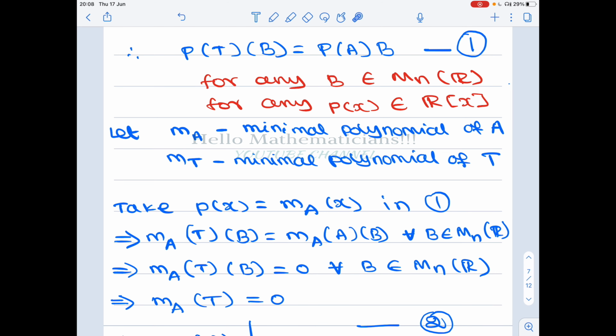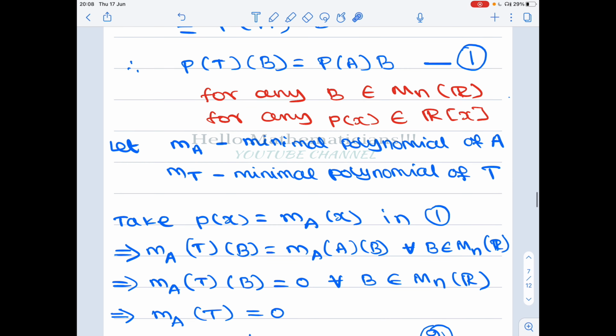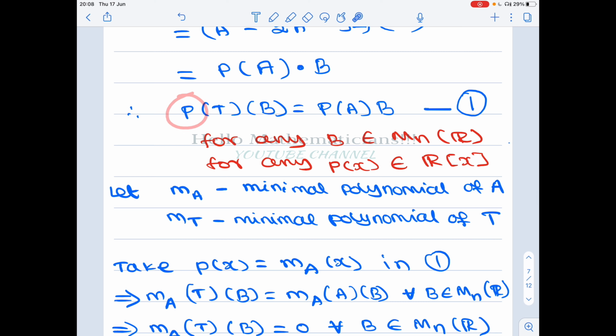Now we are going to use equation 1 in proving that A satisfies the minimal polynomial of T and T satisfies the minimal polynomial of A. Let's see. Equation 1 is for any polynomial and any matrix.